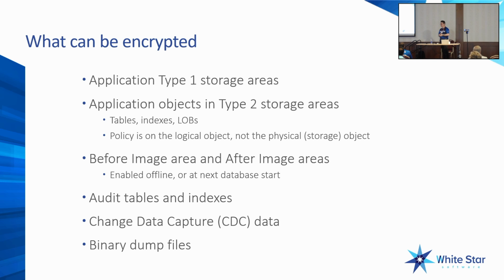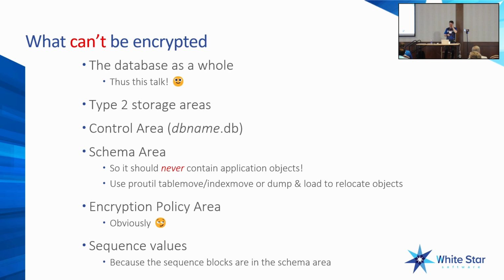AI and BI encryption is enabled by default, although when that takes effect depends on how you implement, whether you do it online or offline. Your application data can also be in audit or CDC tables. You can encrypt those as well, although I'm not talking about that scenario today. And you can also optionally encrypt binary dump files.